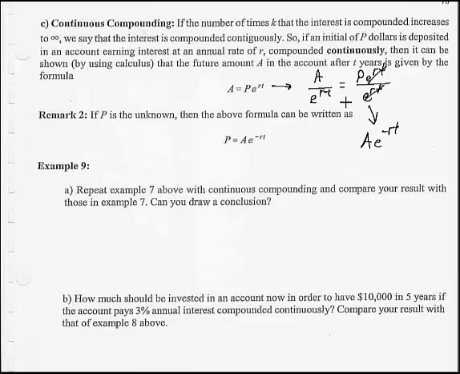If we move the e to the top in the numerator, we can put a negative in front of it, and then on the right we just have our principal, which is the same exact formula given here. So you really only need to memorize one formula and then just know how to apply algebra.